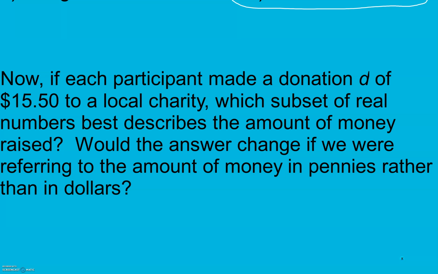Okay, it's not a natural number. It's not 0, so it's not a whole number. It's not an integer because we have that decimal. So as soon as we see a decimal, we know it's either going to be rational or irrational. But that's it. It doesn't go any further down with rational. And since 15.50 ends, it terminates, this is going to be rational.